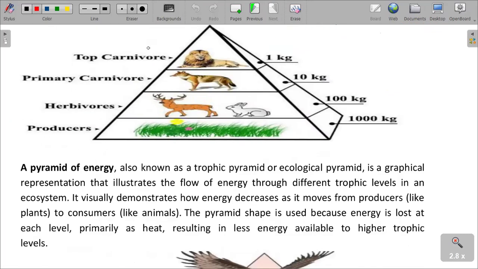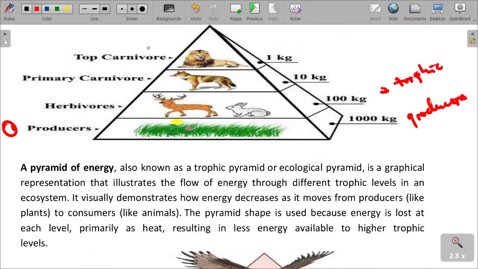So we have a typical graph like that. We are saying mass at the producers, we have 1,000 kg. These are our producers, also indicated on the left side there. We have our herbivores, 100 kg, which is the second trophic level.